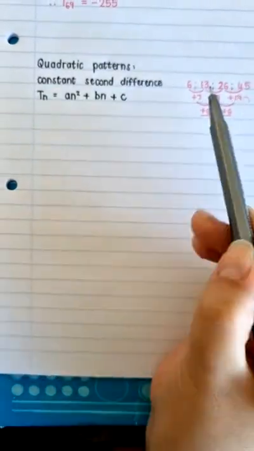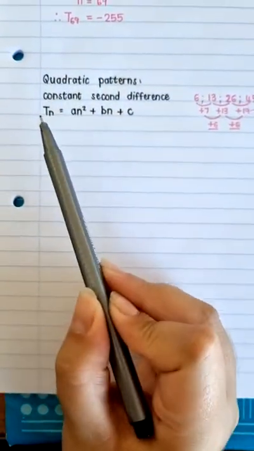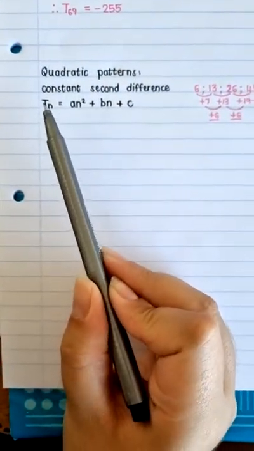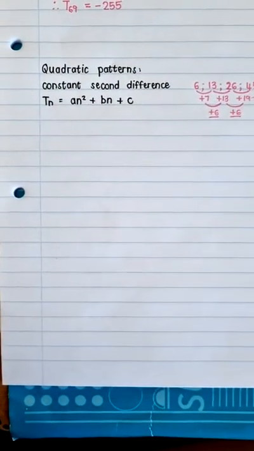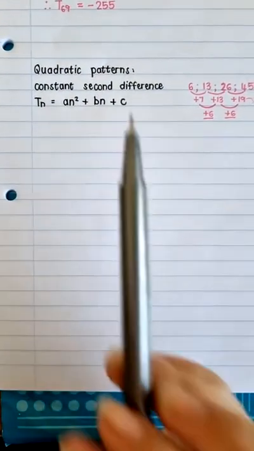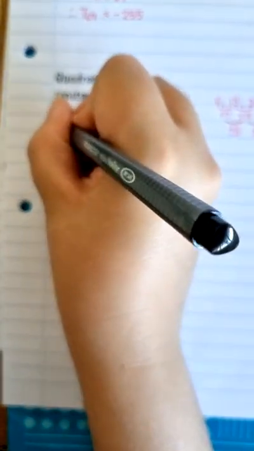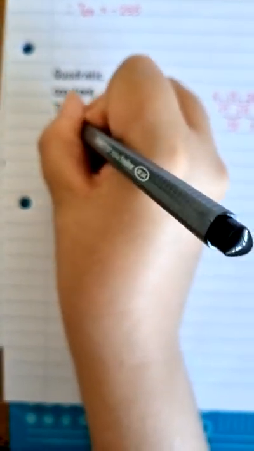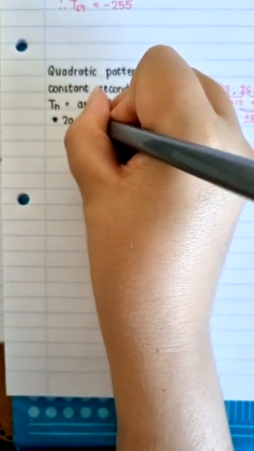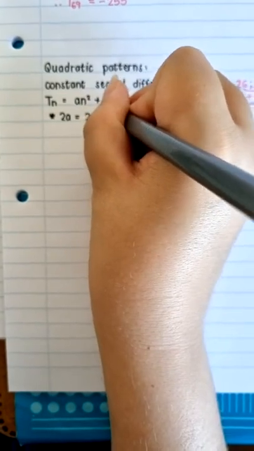My apologies. All right, so what I was saying is our general formula for a quadratic pattern is Tn is an squared plus bn plus c. You are first going to find your a value. Now, the formula that we use for that is that 2a is equal to your second difference.